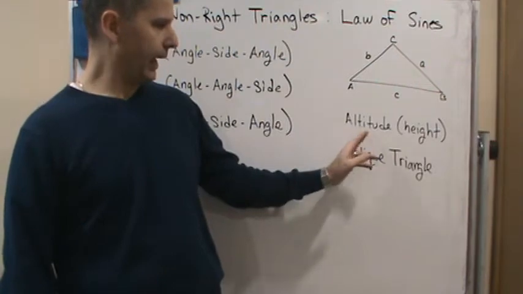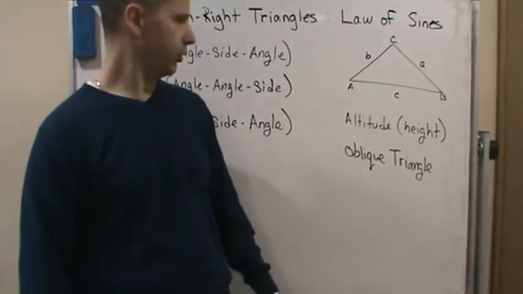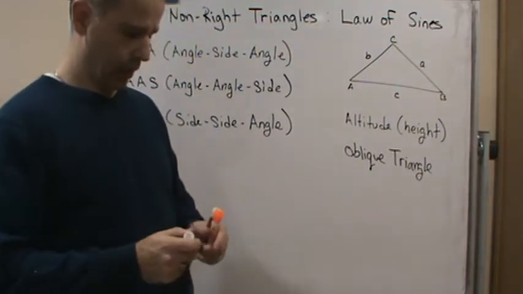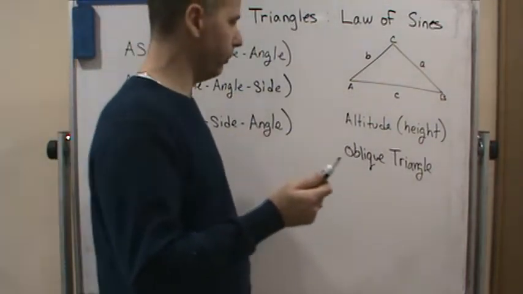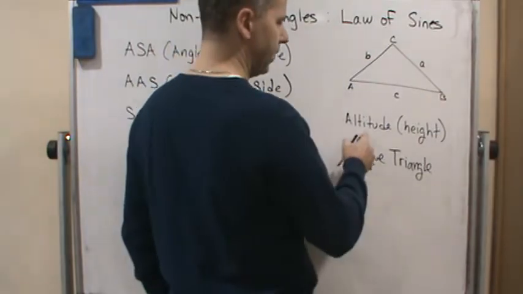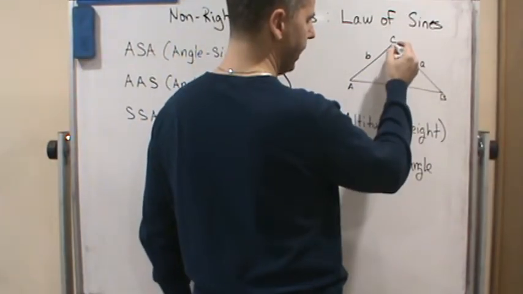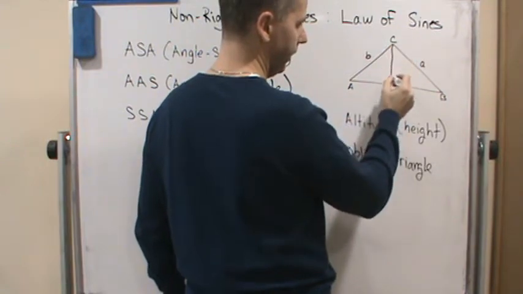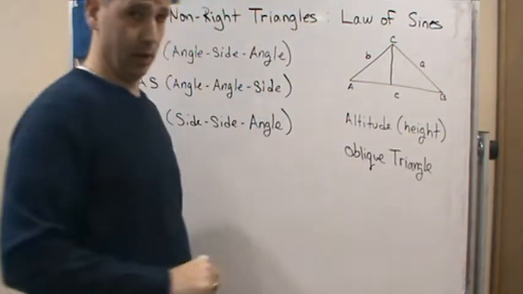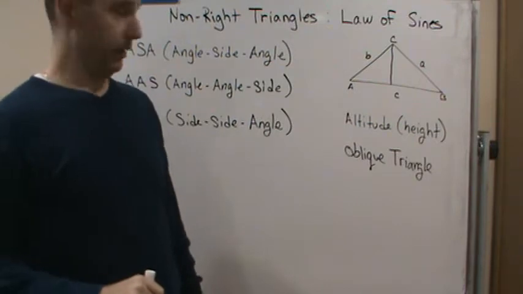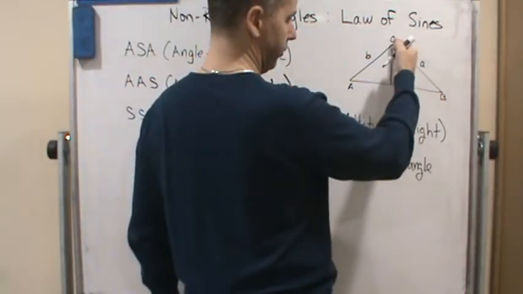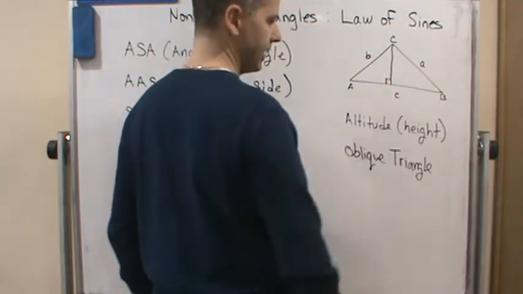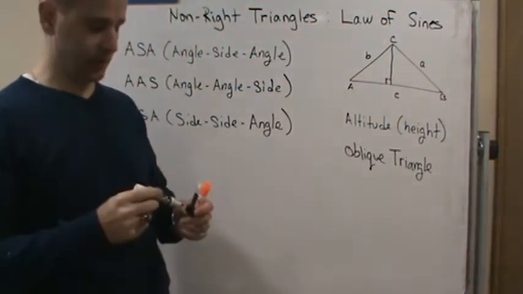Well, we can use the altitude or height of the triangle. An altitude, if you recall, is a line drawn from one angle to the opposite side such that that line segment is perpendicular to the opposite side.